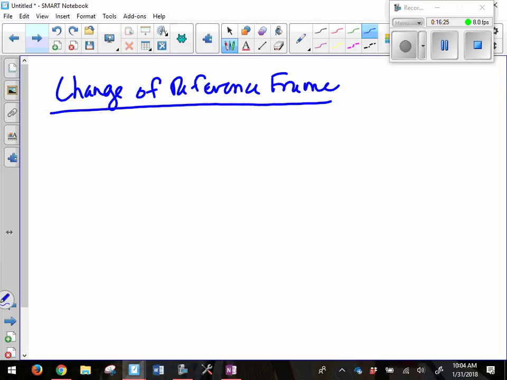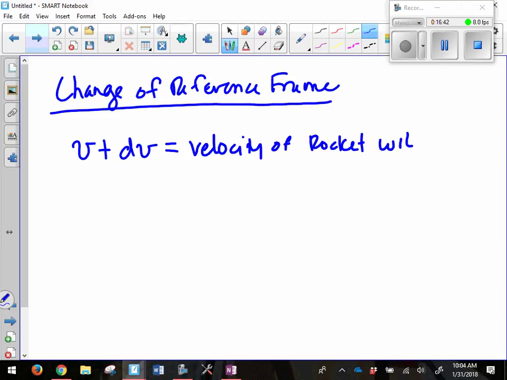And this is for those of you who are going to grow up and be rocket engineers sometime. So, v plus dv is the velocity of the rocket with respect to the ground, the earth, whatever you want to call it.